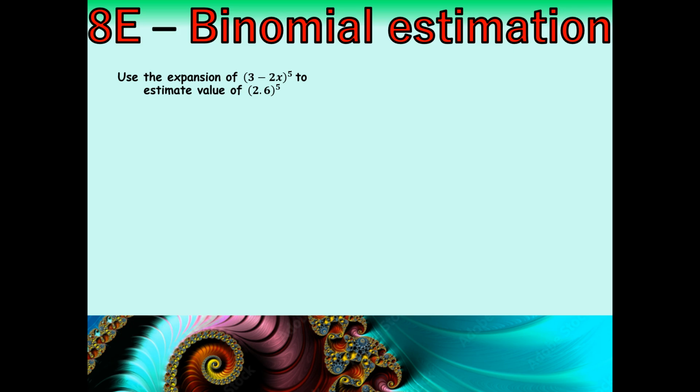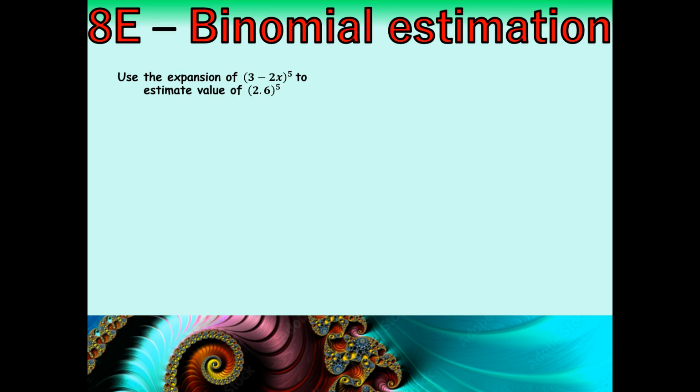As you see on this very page, we've got a binomial expansion of (3 - 2x)^5, and they're asking us to use it to estimate the value of 2.6^5. There is no reason for us to at this moment, but as a mathematician, you should be comfortable with doing such things.